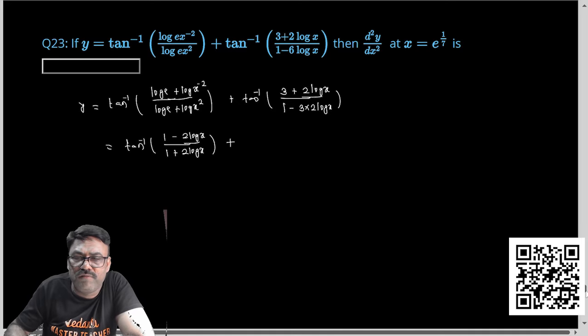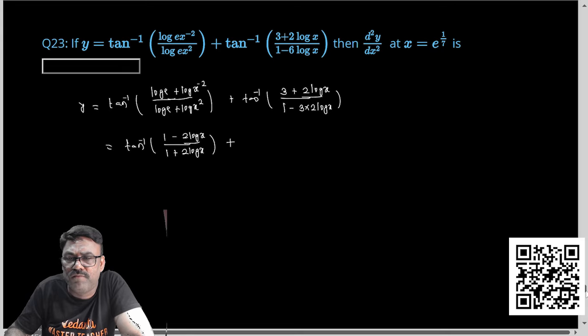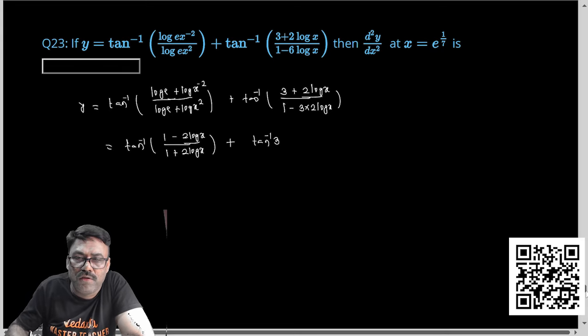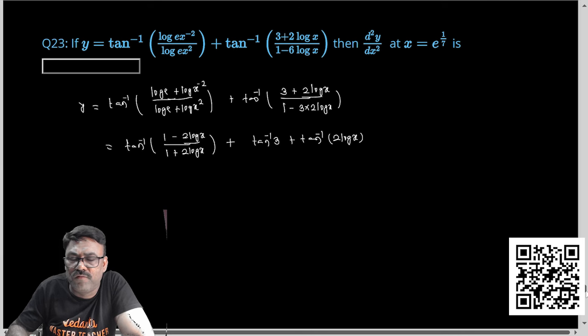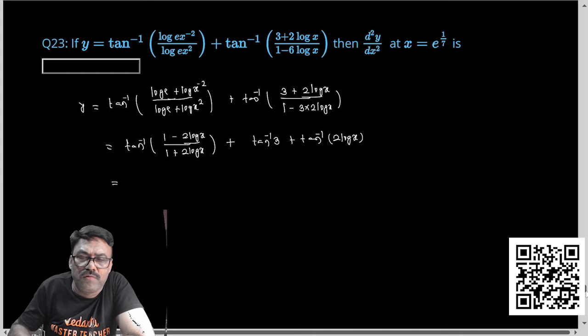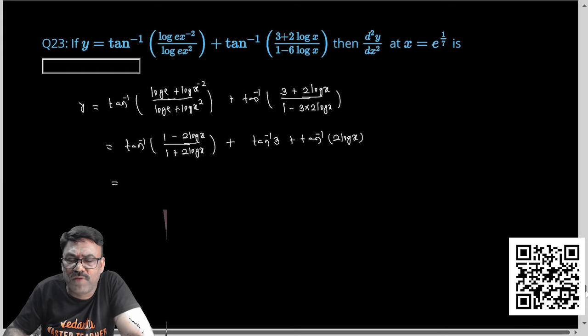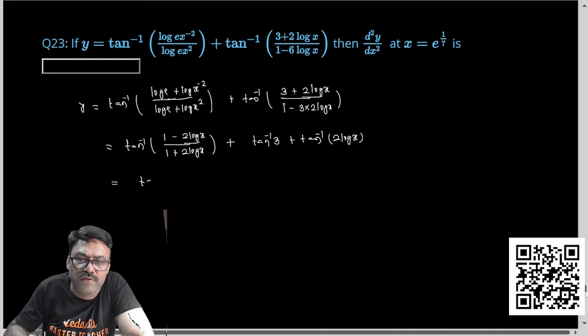And you can see this is basically the formula tan inverse of x plus y over 1 minus xy. So this is basically tan inverse 3 plus tan inverse 2 log x. And this is tan inverse 1 minus x over 1 plus x, so you can write it as tan inverse x minus y over 1 plus xy. So this is tan inverse 1 minus tan inverse 2 log x.